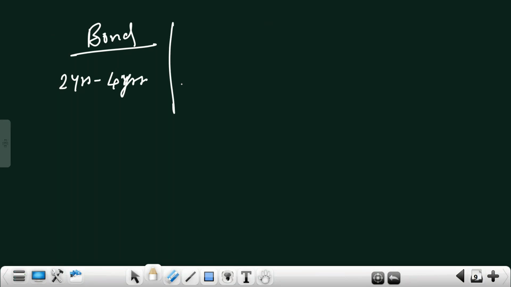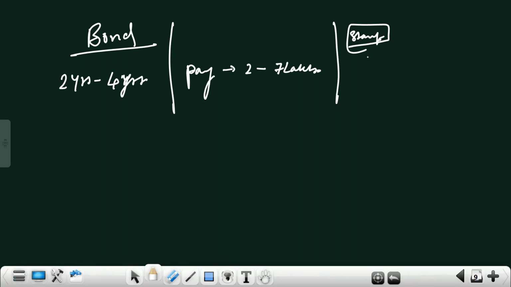And if you break the bond, then you have to pay some amount. How much also depends, varying from 2 lakhs to 7 lakhs if you break the bond. They usually take the bond on stamp paper or something like this to make it stronger.